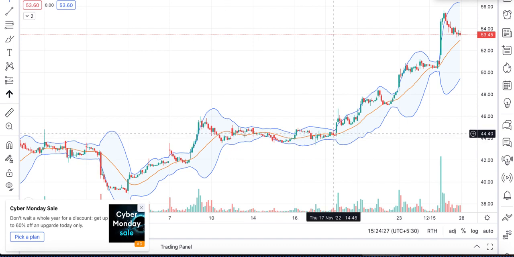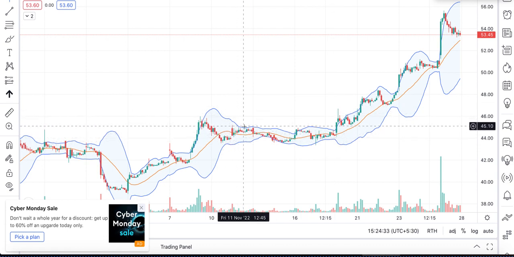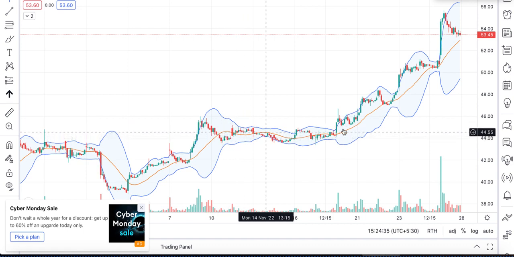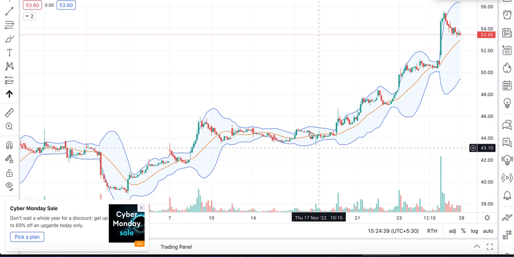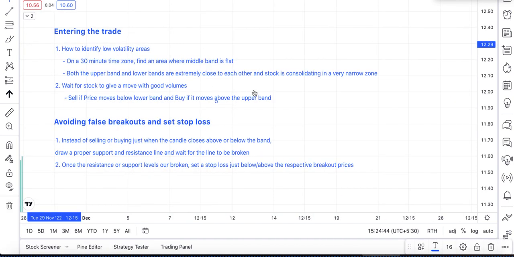In case of PNB, you see this stock from 10th to 18th November consolidating in this narrow zone from 43.4 to 45, and being largely static. You see the upper band and lower band being in a very narrow concise zone and being very close together to each other. So these are two conditions which will help you identify the trade zone, and then that's half the job done. You just have to wait for a good breakout to happen either below or above the Bollinger Bands.